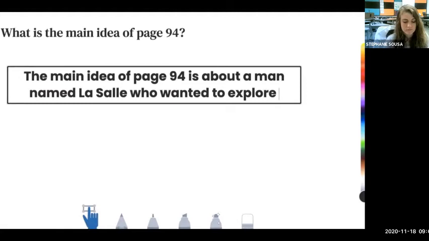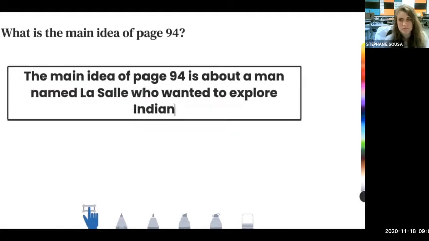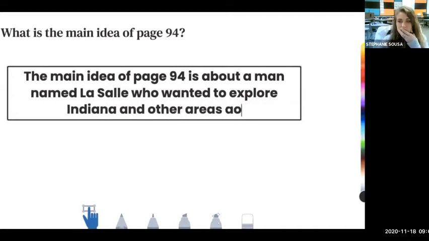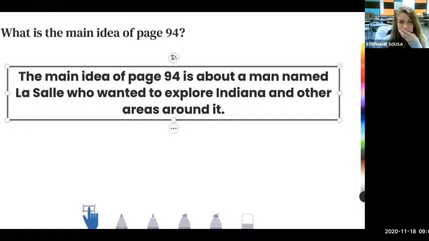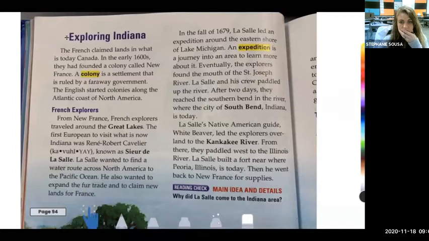So I could say who wanted to explore Indiana and other areas around it. So that's a simple main idea that we could get just from the title, Exploring Indiana, and recognizing that the name La Salle was repeated multiple times.